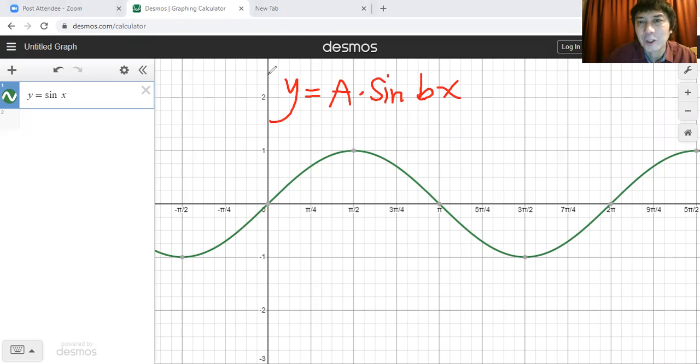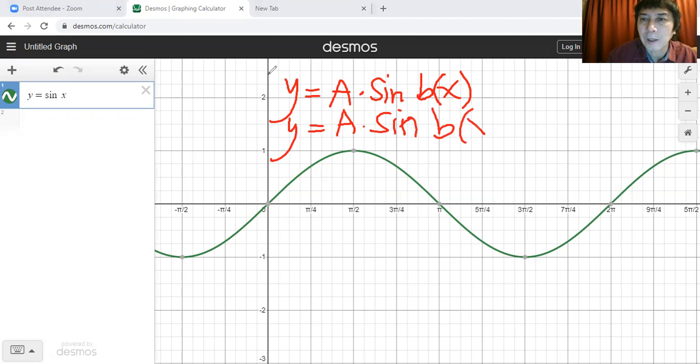That means a, the amplitude, times sine of bx. Now, what if we subtract something from the x? Say y is equal to a times sine of bx minus, let's say, h, something like that.